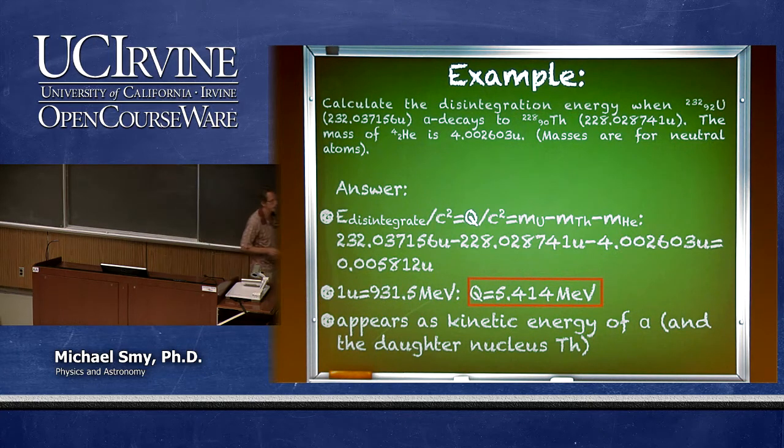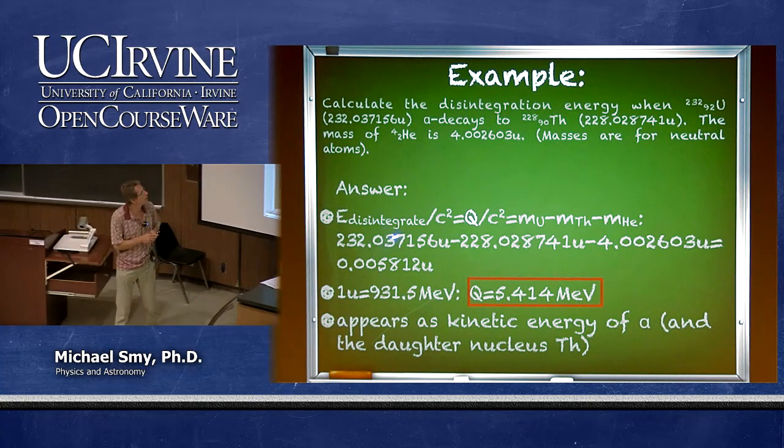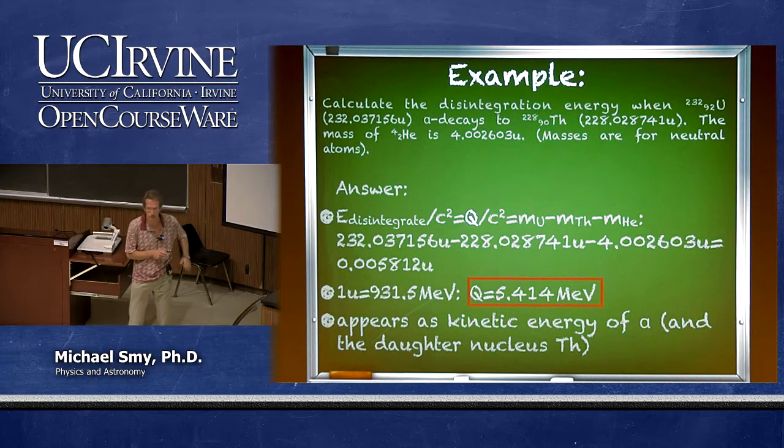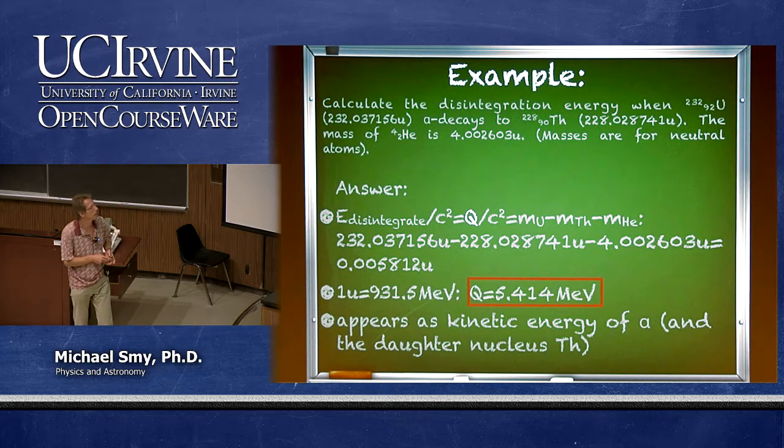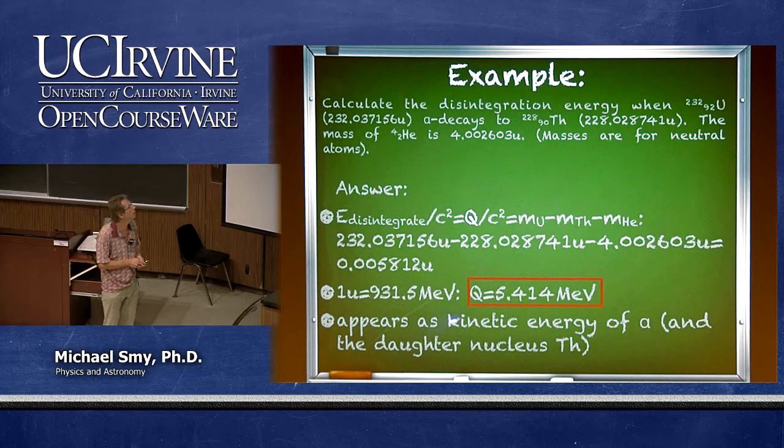And so we call the disintegration energy, also often referred to as the Q value of the decay, simply the mass difference times the speed of light squared. So if we take the difference of those two isotopes, subtract off the helium nucleus, we get a difference in mass, and we can then express that in units of energy, and then that is the Q value, or the energy that is released in the disintegration for that particular process.